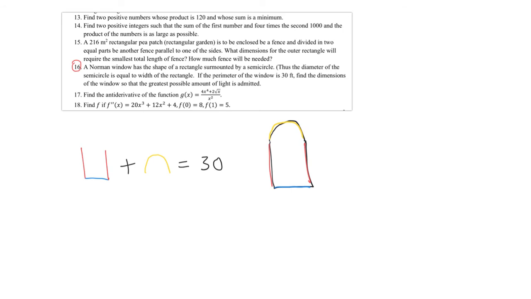Now, let's start labeling this stuff. I'll call this the height, which makes that the height. Let's call this the base, and let's call this the S for semicircle. Now, the S is going to be half the circumference.